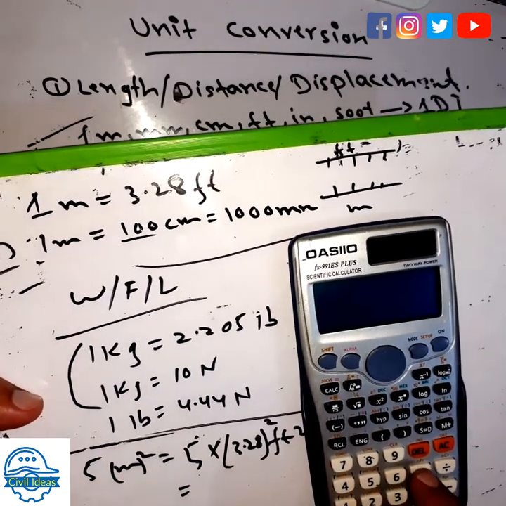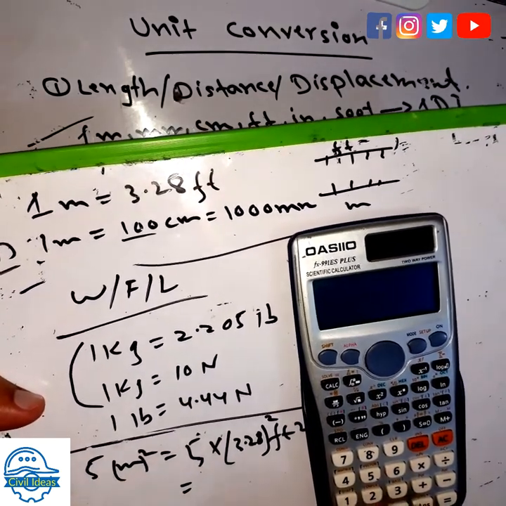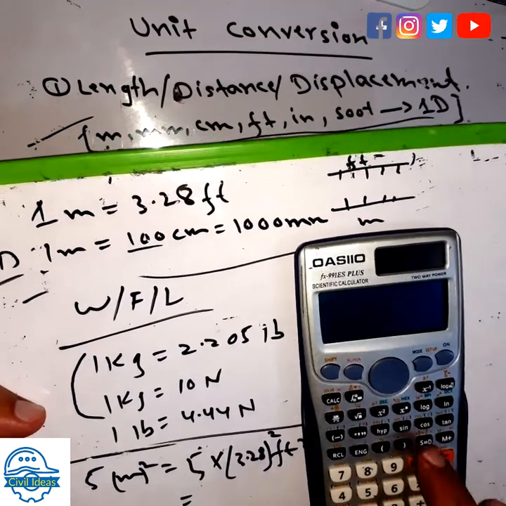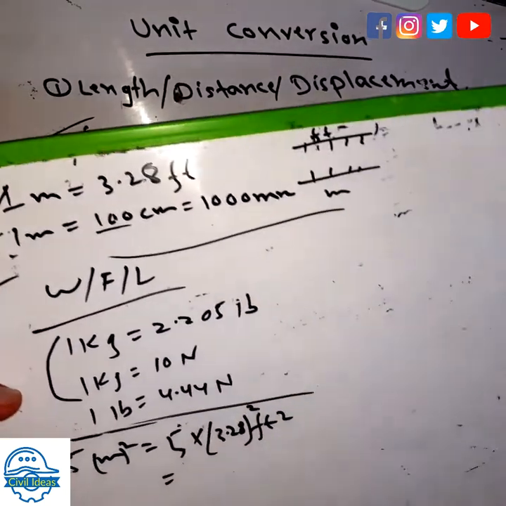Now multiply by 5, and you have the value 53.79.